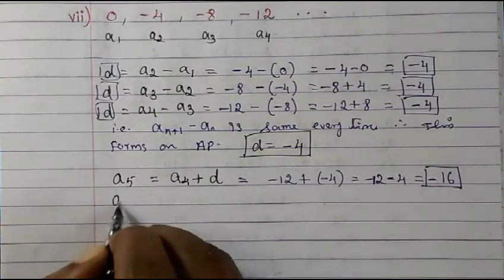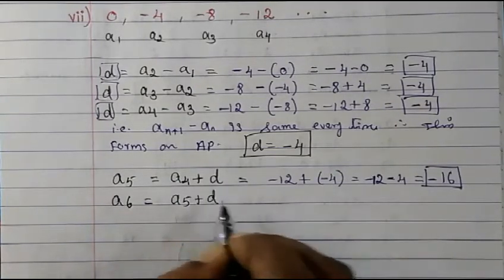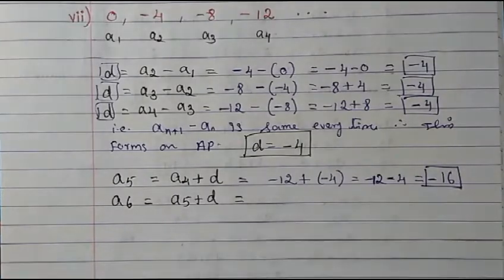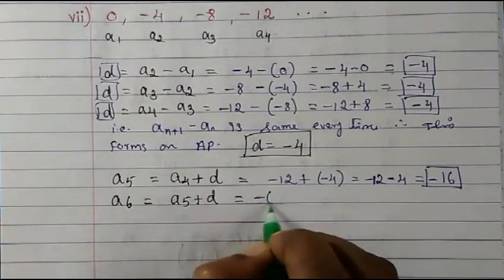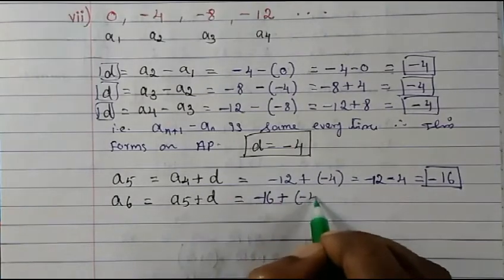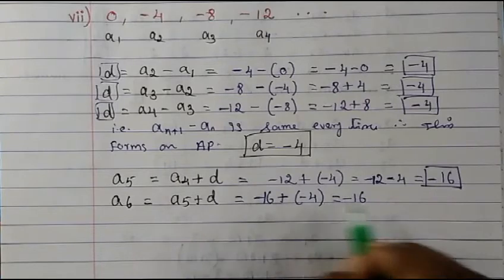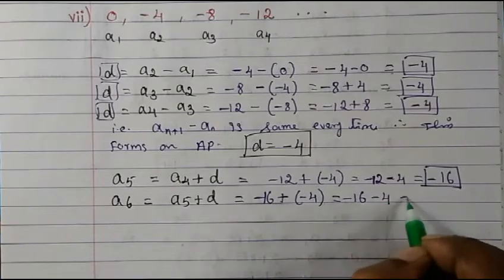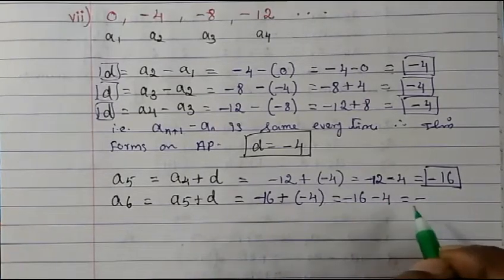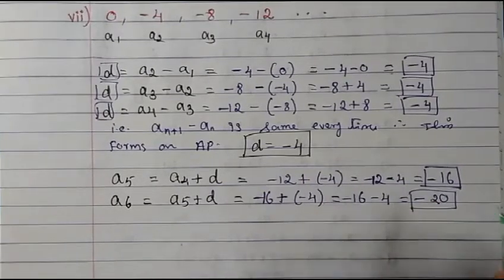Next A6. A6 will be A5 plus D. A5 is minus 16, plus D is minus 4, so minus 16 plus into minus 4. Both are minus, so minus, add them: 16 plus 4 will give us 20.